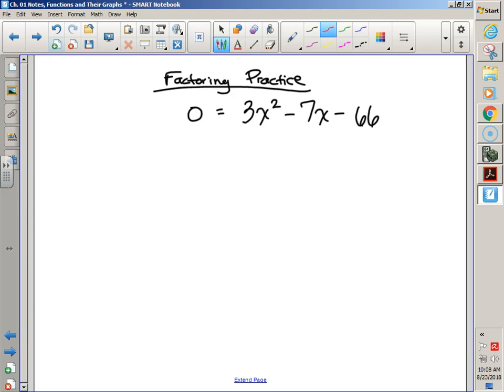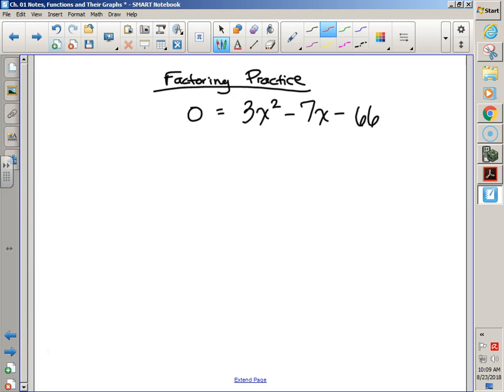For guess and check, you think about, I need to make two binomials, probably some sort of x term, constant term, pluses and minuses in between. You look at your first term. What's my first term? 3x squared. And you think, the first term comes from the F of FOIL. You look at the last term, as long as you've written it in proper order, ax squared plus bx plus c.